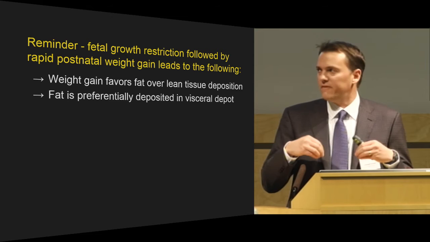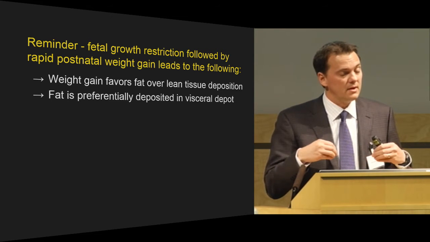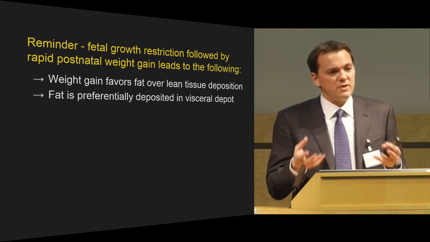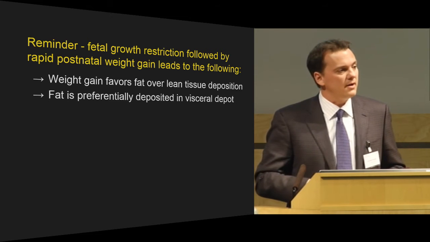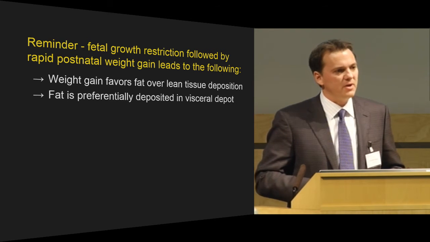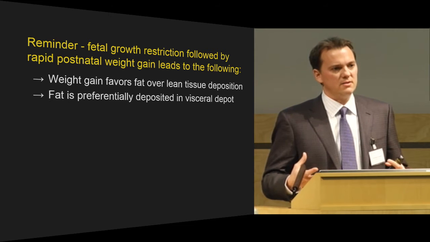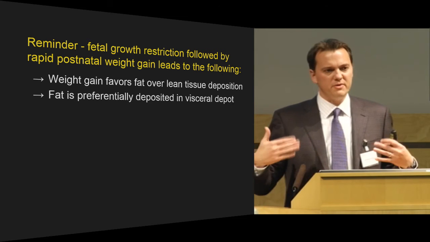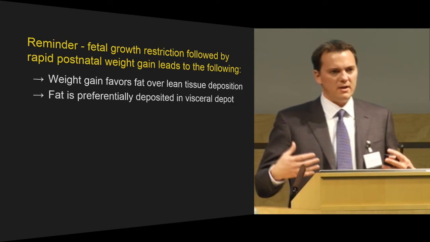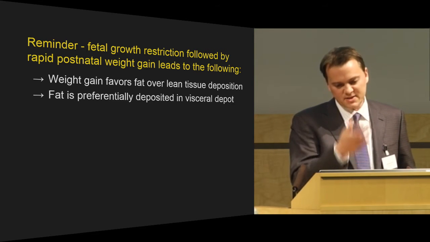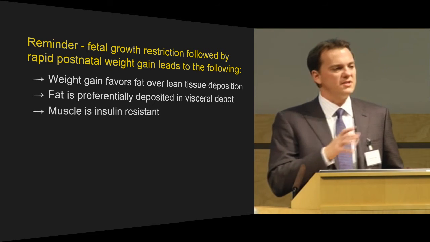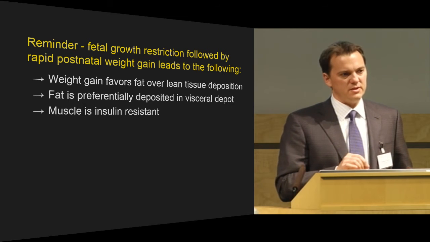It's innervated by sympathetic nerve fibers. So when you experience stress and adrenaline, adrenaline is released in that depot and fat is released immediately. So this depot, unlike other depots, is part of short-term energy balance regulation, much more so. And then muscle, as I've already pointed out, is insulin resistant, right?